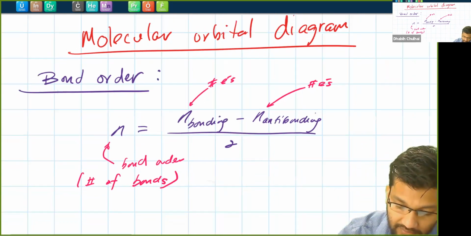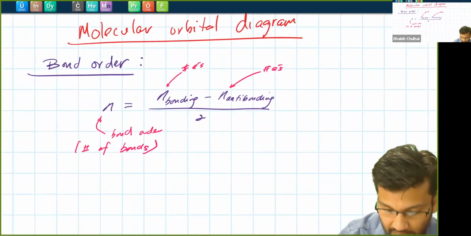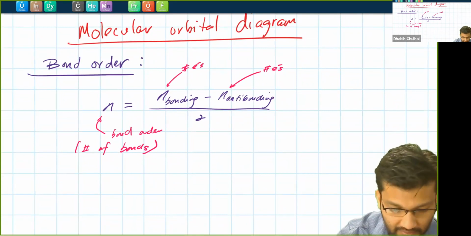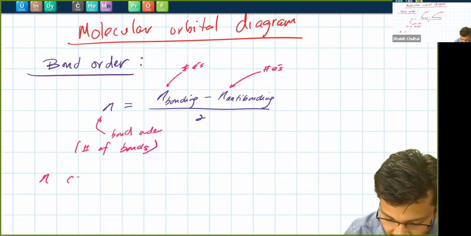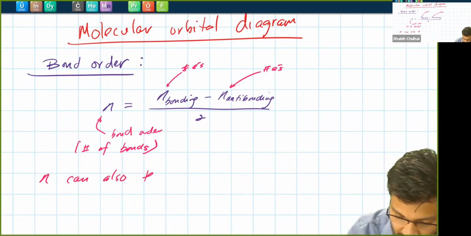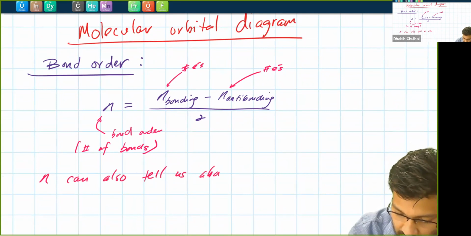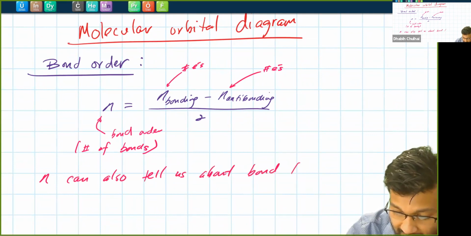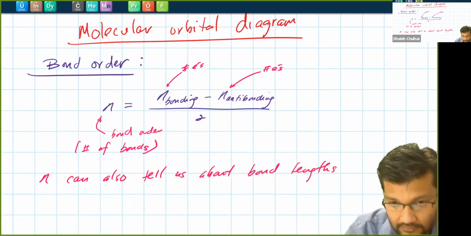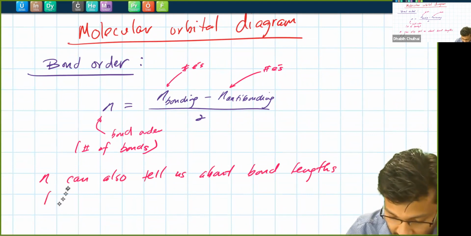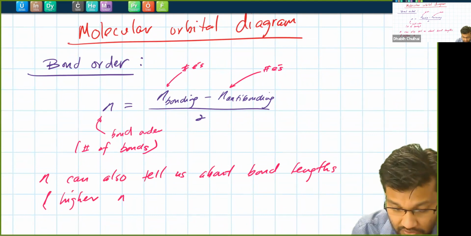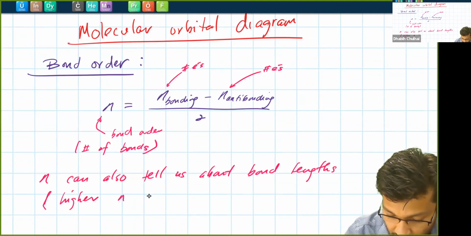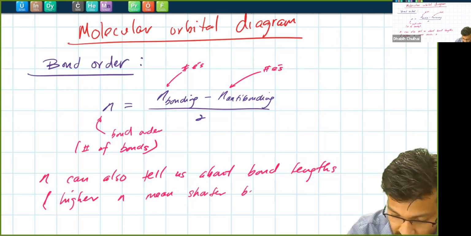But they can tell us more than just the number of bonds, right? The bond order N can also tell us about bond lengths. Basically, higher N, meaning you have more bonds, means shorter bonds.